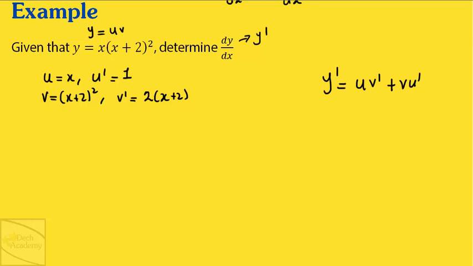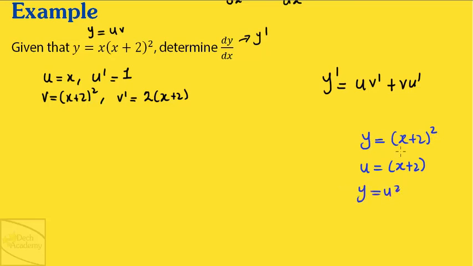To show you the exact process, in case you're not familiar with differentiating this, you can think of this as y is equal to (x + 2)². And you can say let u be x + 2, so that y is u².